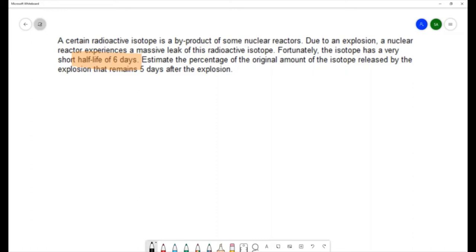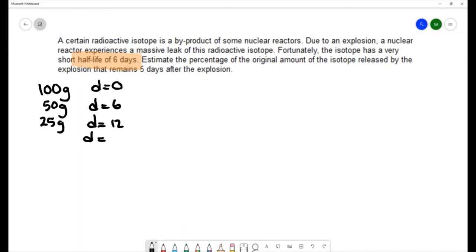Let's say we started with 100, I don't even have the units here, let's say 100 grams on day 1 or day 0 at the beginning. Then on day 6, you would have 50 grams. Then on day 12, you would have 25 grams.